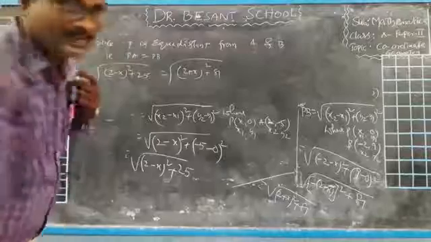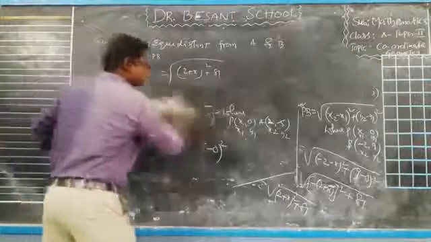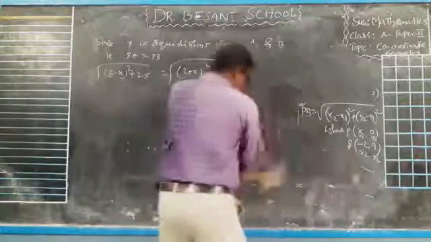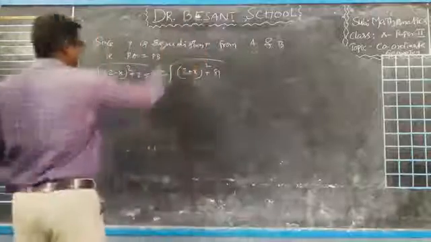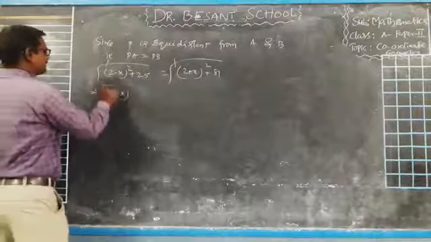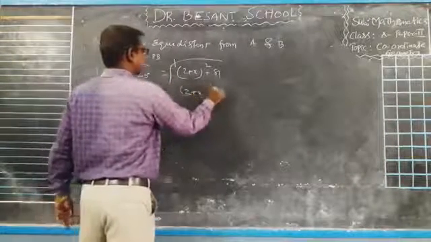Okay children. Can I rub this one? Yes. Verify children. So we have equated PA distance and PB distance. After that, the right side root and left side root will be cancelled. It is (2 minus x) whole square plus 25, this is (2 plus x) whole square plus 81.